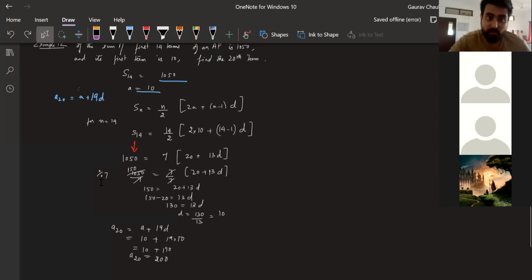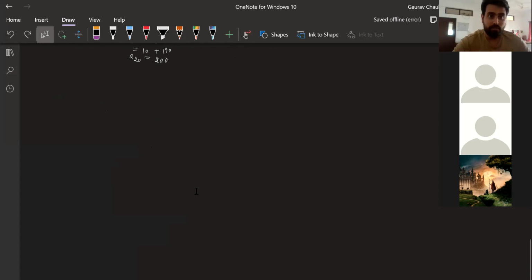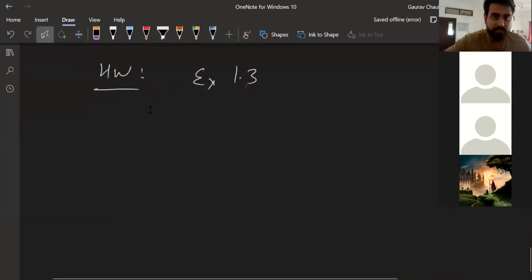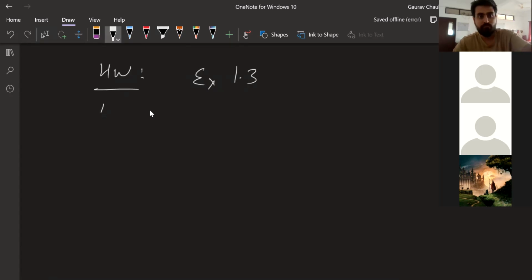Okay. So the homework is, guys, screenshot is shared. Homework is exercise 1.3 in your textbook, exercise 5.3 in the NCERT textbook. You have to do question number 1, first main, second main, third main also. Third main has a total of 10 questions.